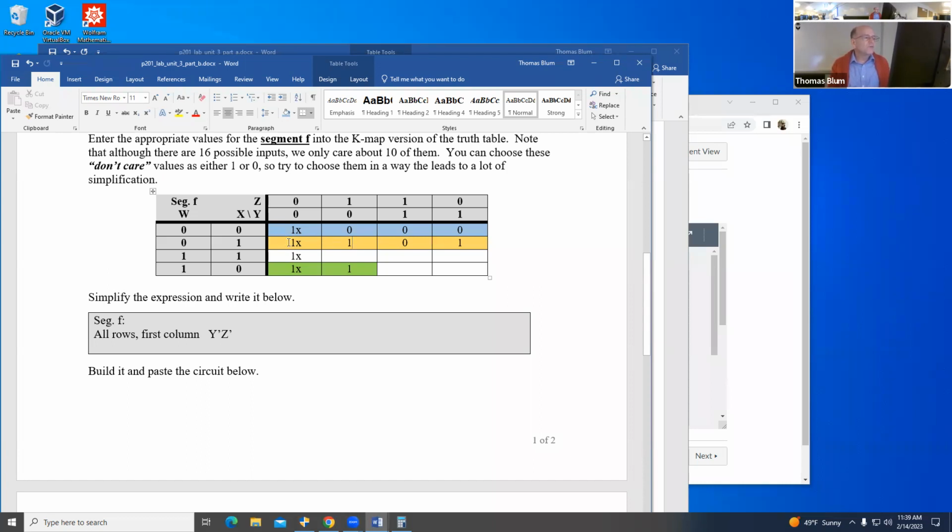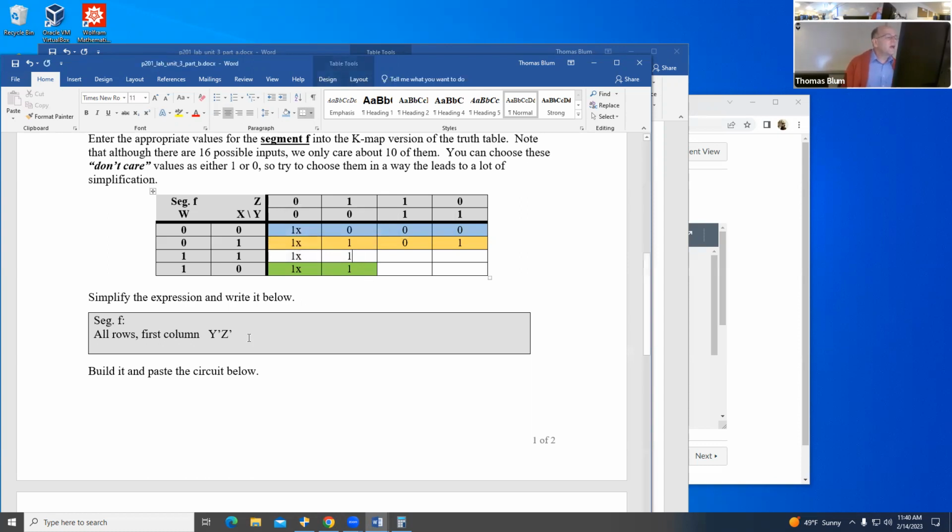I can go over to the other side onto the left, and that gives me a pair. And then can I go down? Yes, I can, because this is one that's under my control. I can make it a 1, and so I can make this a foursome. And can I do better and make it 8? No, I can't, because of that 0. So I'm going to choose this one to be a 1.